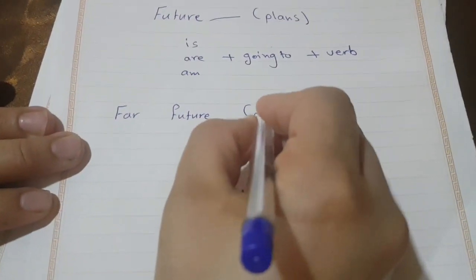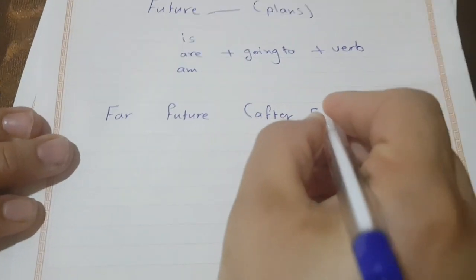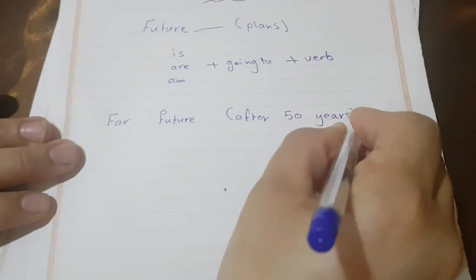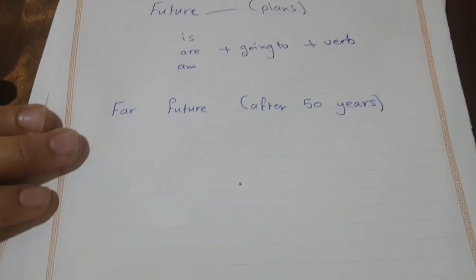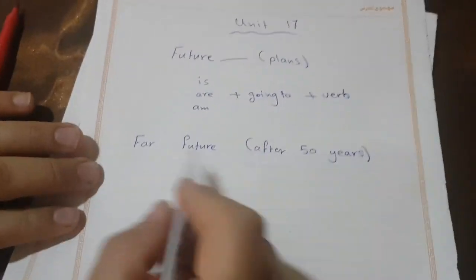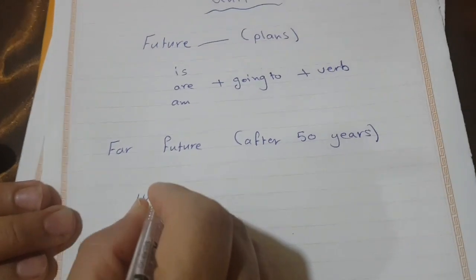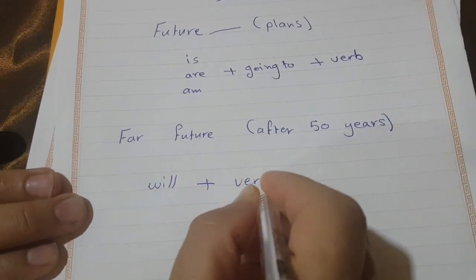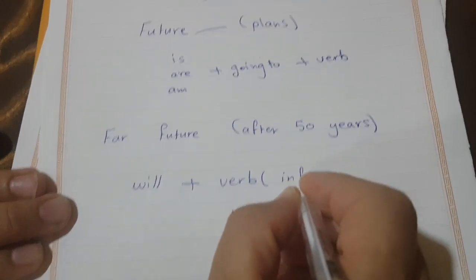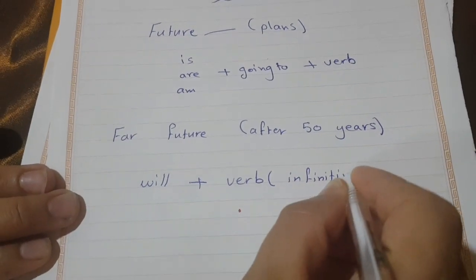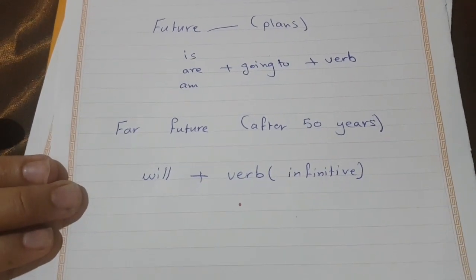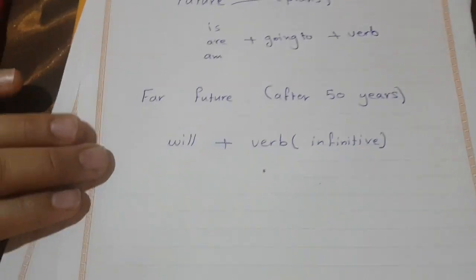It means after 50 years. What will happen? To talk about after 50 years, far future, we use will plus verb, and the verb is infinitive. You remember what does it mean, infinitive? It means the verb the same.